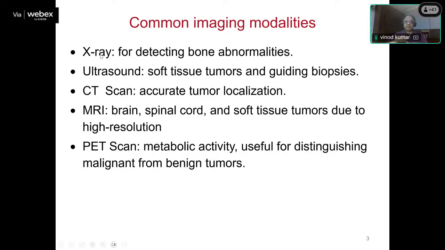Basically, X-ray we use for the detection of bones. X-rays differentiate between hard material and soft material very precisely. You must have seen that in case of bone fracture, when an X-ray is taken, the X-rays are absorbed by the bones.